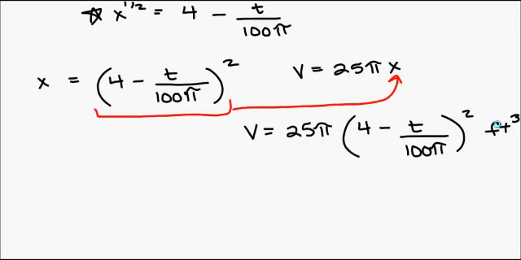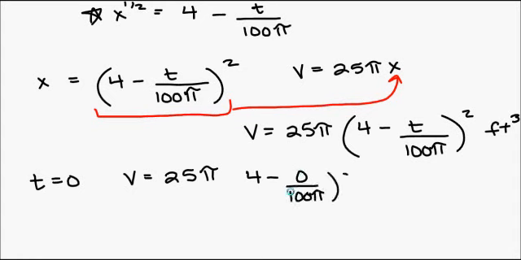At t equals 0, we already established that our height was 16 feet. We could also plug in those numbers for our volume. So let's do that right now. T equals 0. Our volume is 25 pi times (4 minus 0 over 100 pi) squared.